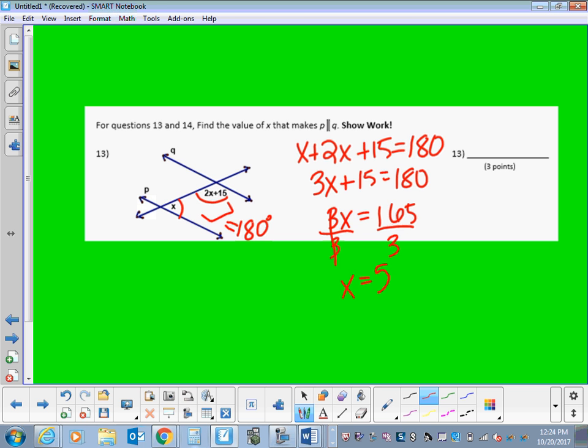X equals 55. Good job. Did anyone not get 55? Make sure that you are combining like terms before you start moving things. Combine that 1x and the 2x.